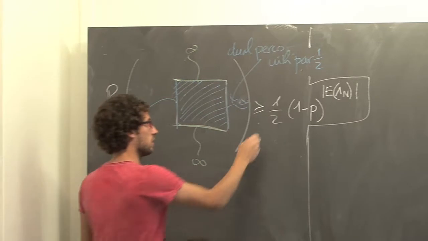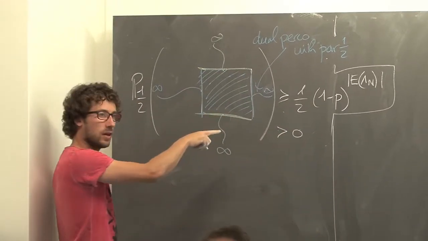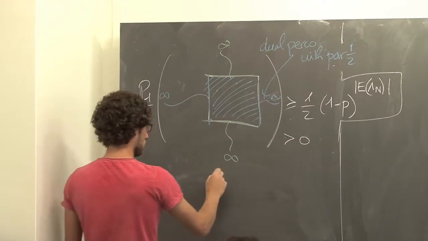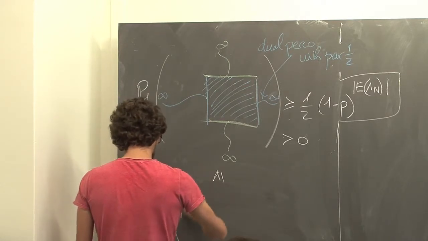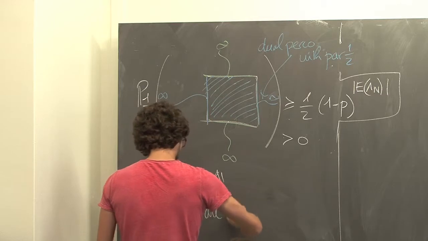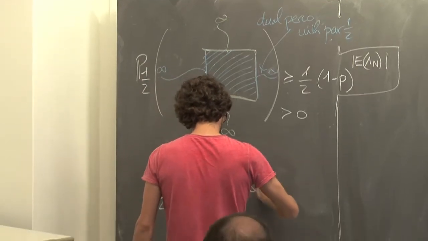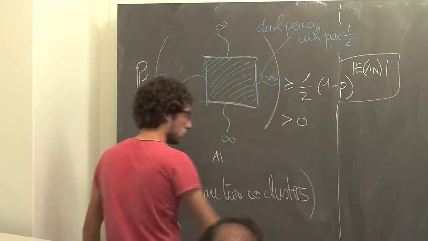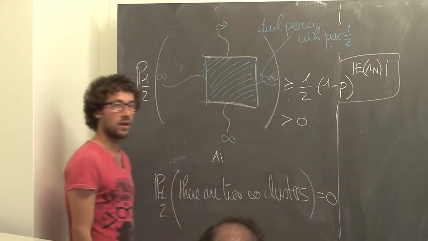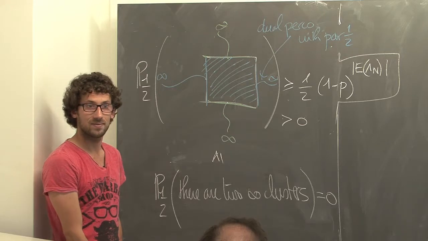This is strictly positive, but this event is now included in the event that there are at least 2 infinite clusters. In particular, there are 2, which has probability 0. And this is contradictory. Okay?